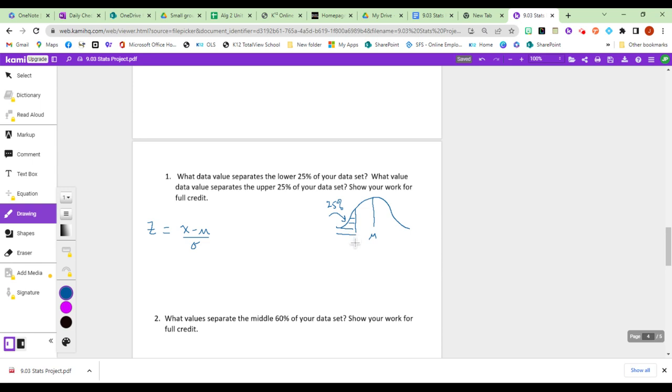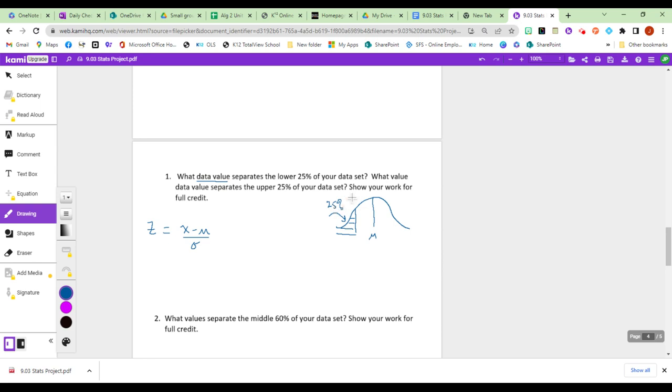So they want to know what data value. In my list of 20 values, which were lifespans of certain animals, which one of those 20 numbers that I chose to begin with would lie right here, where 25% of that data would be to the left?